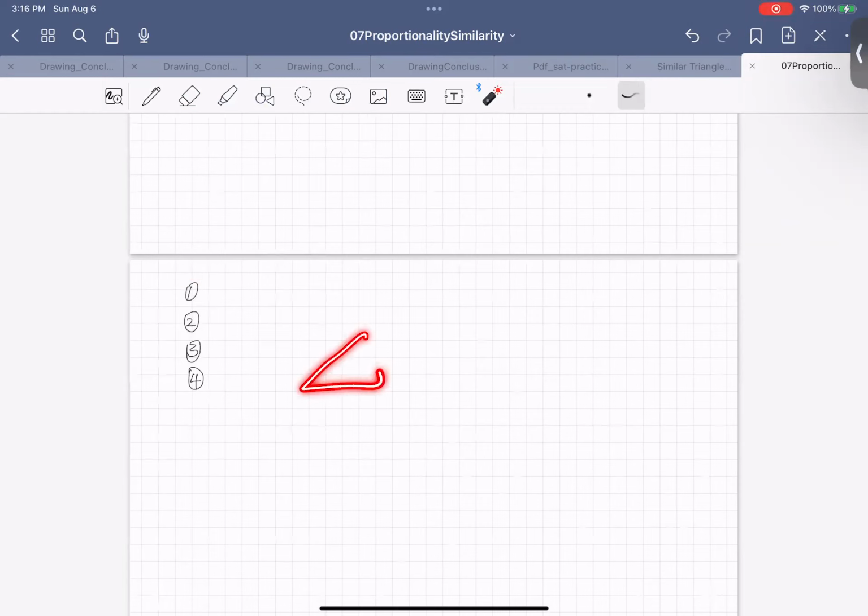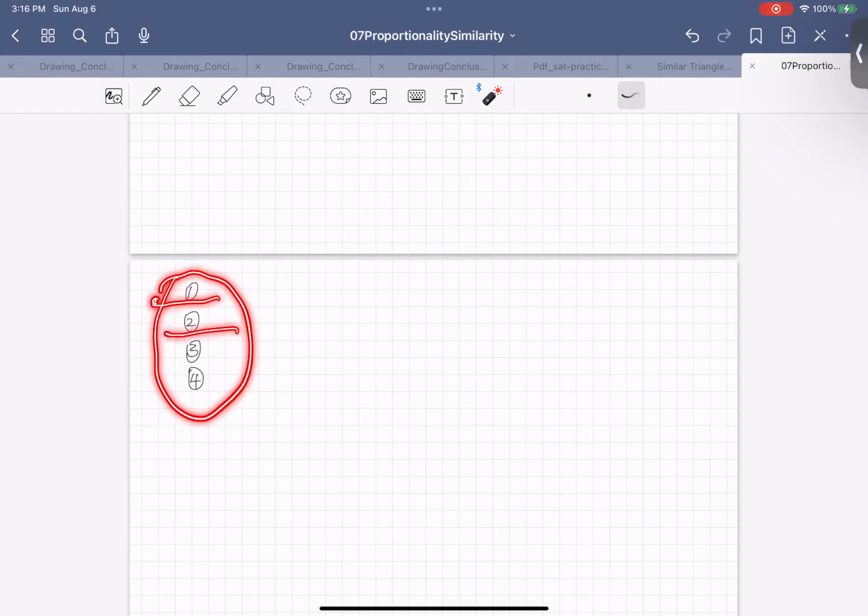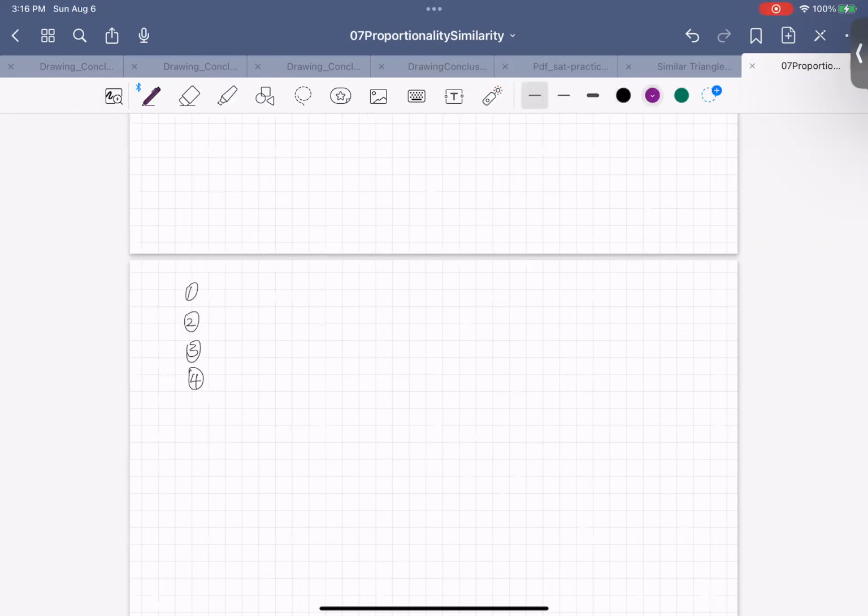So for example, you want to show SSS, you want to draw something like this, showing that this is called SSS. Show me the graph with the correct names to prove 2 triangles to be congruent. And then show me the triangle similar, the 1, 2, 3.